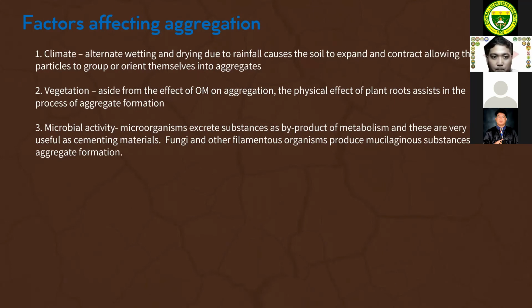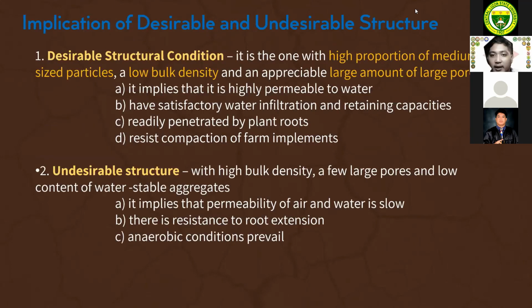Then, what are the implications of desirable and undesirable structure? So first, we have the desirable structural condition. It is one with a high proportion of medium-sized particles, low bulk density, and an appreciably large amount of large pores. So first is a high proportion of medium-sized particles.